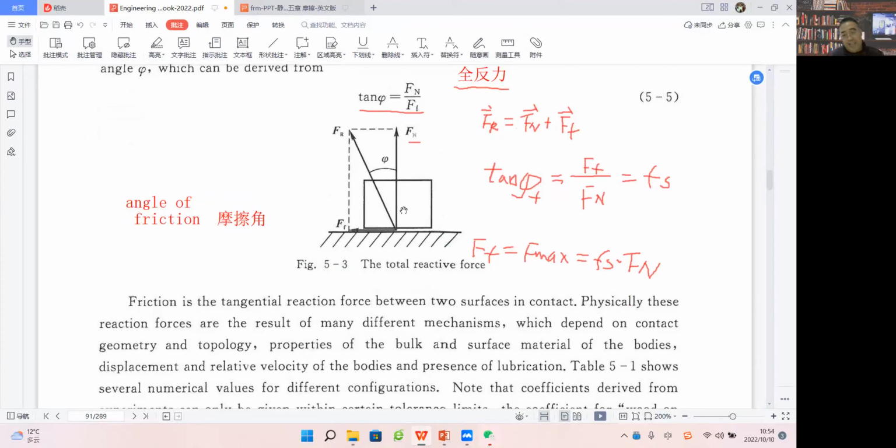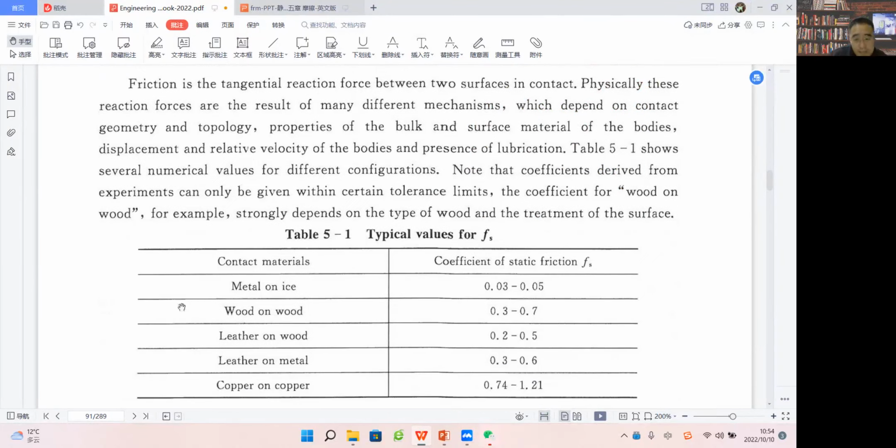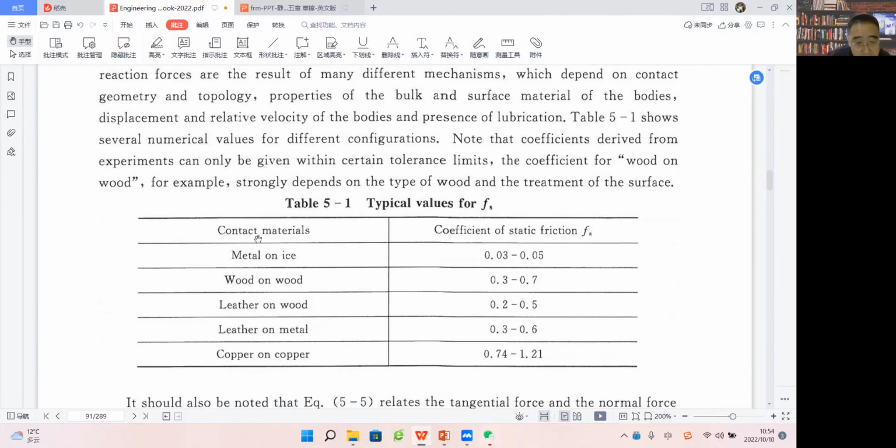So you can see actually different materials will have different coefficients of Fs. So its value of 摩擦角 phi f will be different, right? So this is a very interesting knowledge point. So here we can talk about contact material, maybe metal on metal. Can you see that? Its static friction Fs may be 0.03 to 0.05.